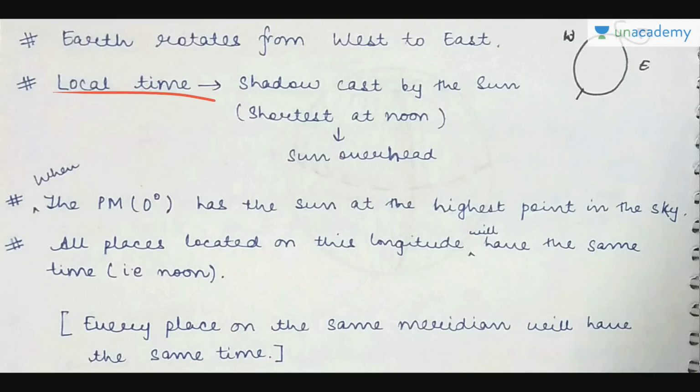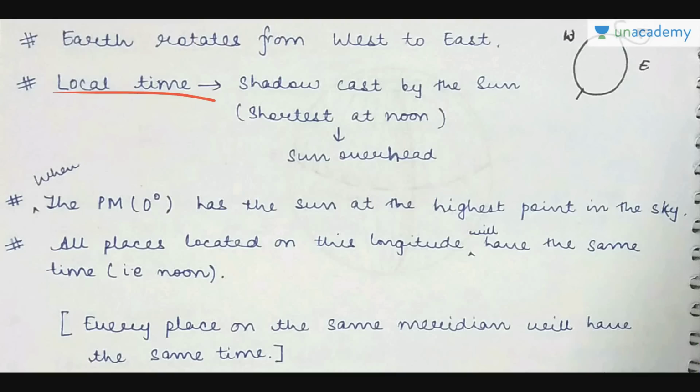We just consider one time, which is the time when the sun is overhead, that is noon time. From there we start calculating the other times, so that there is uniformity in time. If one part of the country had another time and a different part had a different time, there would be ambiguity whenever you move. However, there are exceptions, we'll see that.